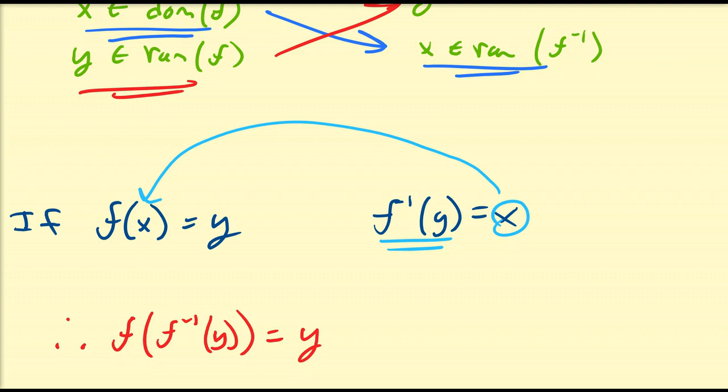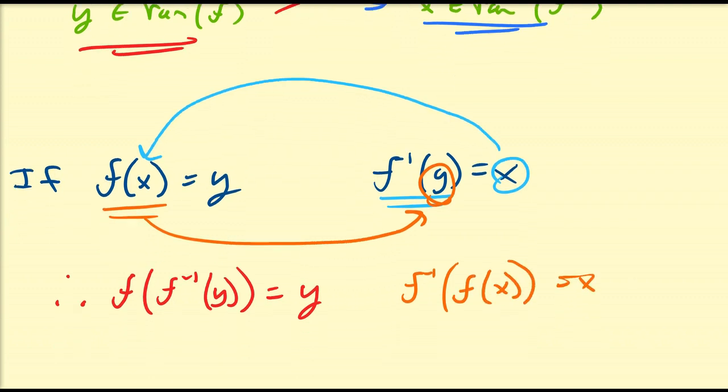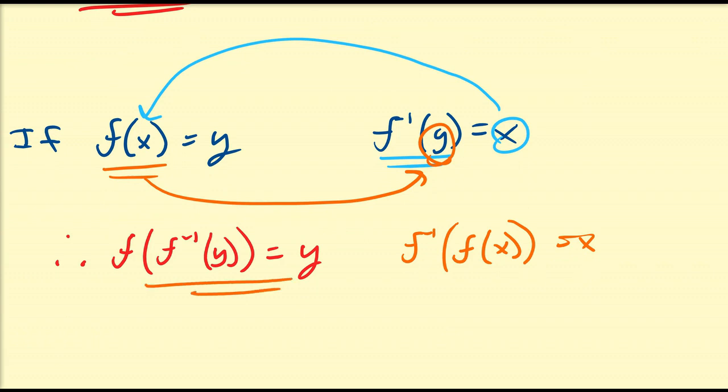In a similar fashion, we can replace this element y with f of x, and we're going to get that f inverse of f of x is equal to x. So we have these two statements.